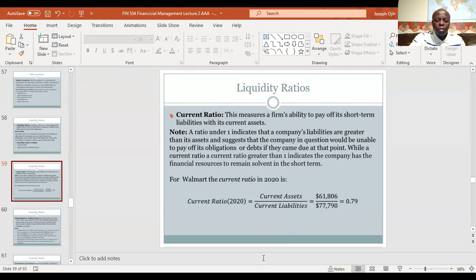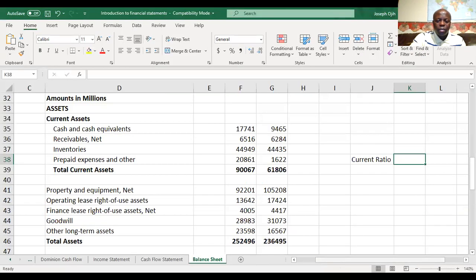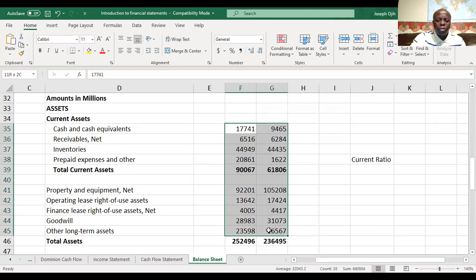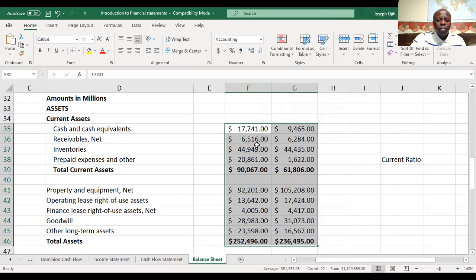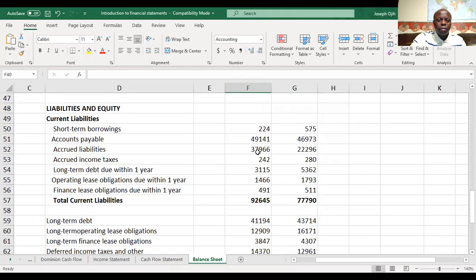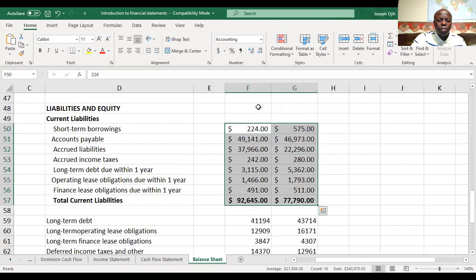Okay. So we have it here. For Walmart, the total current assets are here. Let me make sure, because all these are currencies, let me just put everything in dollars. Then here, for the liability section, everything is in dollars as well. Hope you can see this.